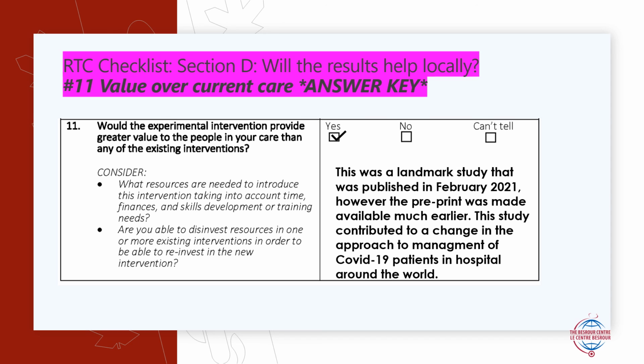And in fact, this was a landmark study that was published in February 2021. The preprint was made available much earlier, and this study really did contribute to a change in the approach to management of COVID-19 in hospital patients around the world, and continues to be one of the mainstays of good treatment for COVID even now.